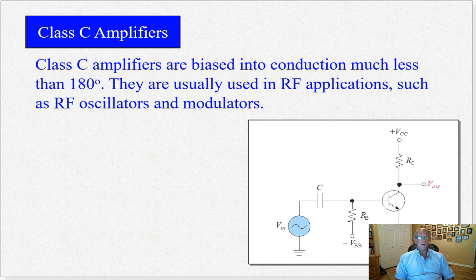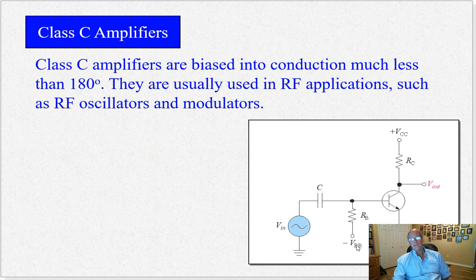And is that important all the time? No, it isn't, because sometimes all you want is a frequency. And if you can match the frequency on the output with the frequency of the input, well, you've accomplished that. And that's what Class C amplifiers are used for. They're used in RF applications for oscillators and modulators and things like that. Now, the advantage is that they're super efficient, okay?